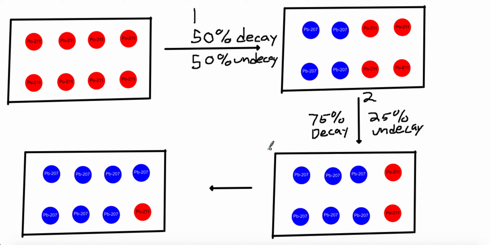This process continues over and over again. And then again, the remaining here, half of this will decay over a third half-life. So now half of that 25% of the original has decayed. So we have 87.5% of the original that is now decayed at least one time. And 12.5% of that original is still undecayed.